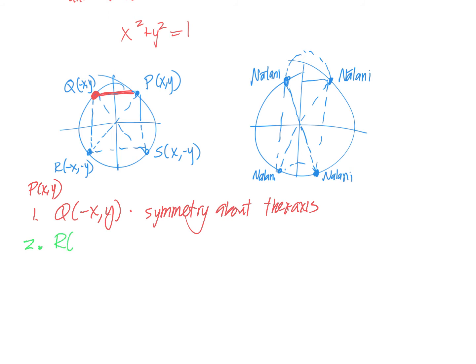And then if we looked at R of negative x, negative y, this would be symmetry about the origin. So we come down here, and that's the symmetry that goes through the origin.